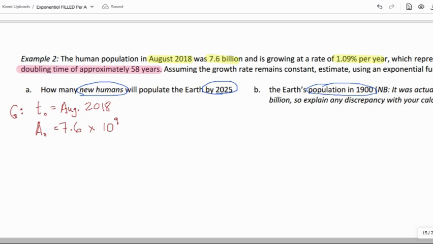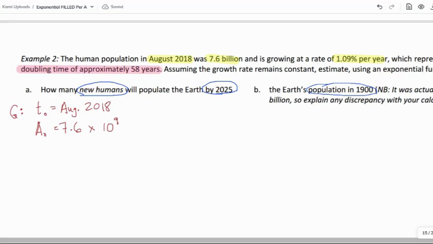Yeah, we already have a doubling time. So they're saying, sure, this is nice to know that the population is growing at 1.09%. The reason why we don't need to use it in our calculations is because of this pink stuff, which represents a doubling time of 58 years. So this percentage is information, but it's a bit of a decoy, right?